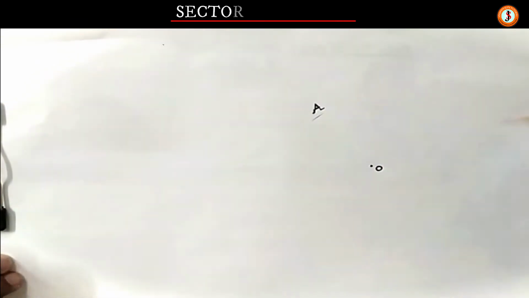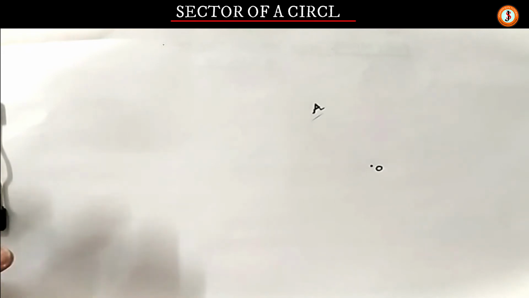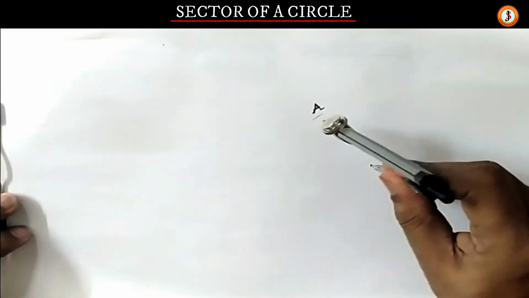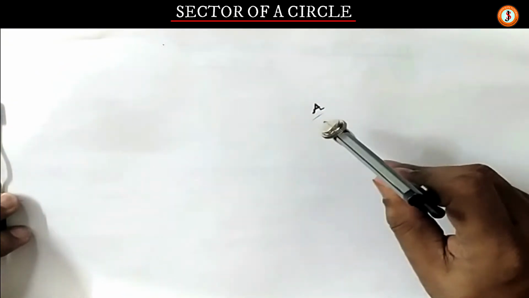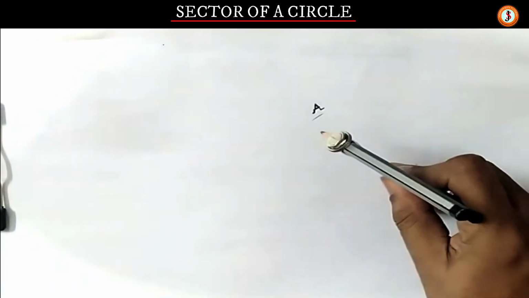Hello children, so here we are going to study circles, perimeter and area of circles, and sector of a circle. So let us first start. How is a circle formed? Suppose there is a fixed point O and a moving point A, the tip of the pencil.